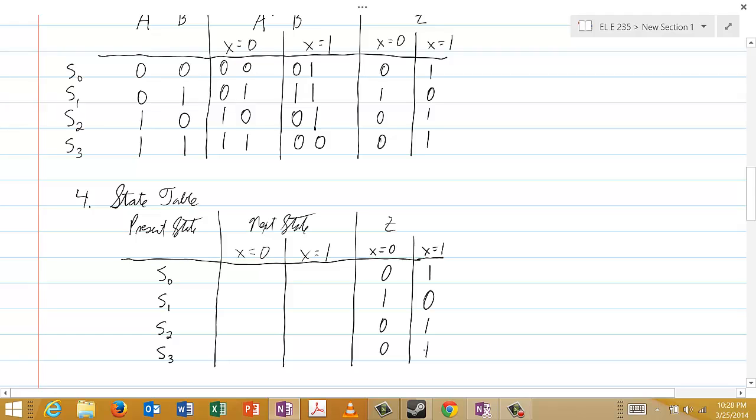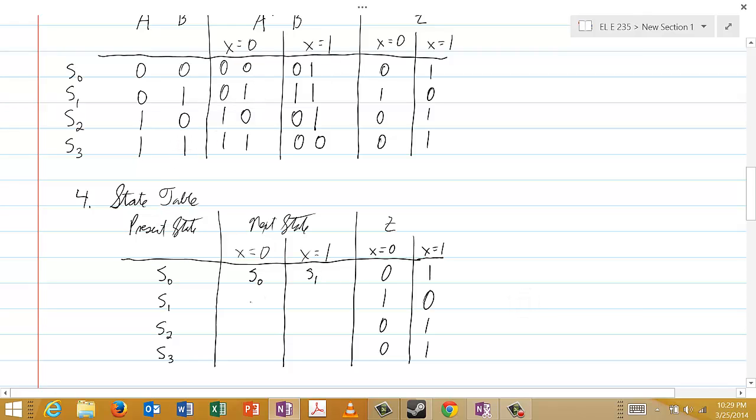And now we need to simply fill in the next state in each one of these cases. 0, 0 is the S0 state. 0, 1 is the S1 state.